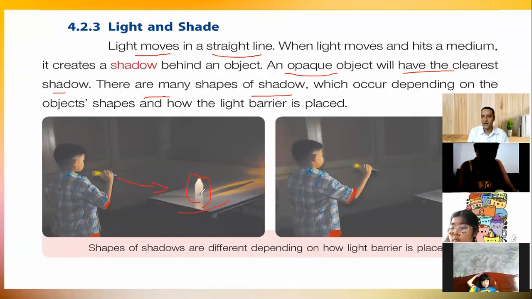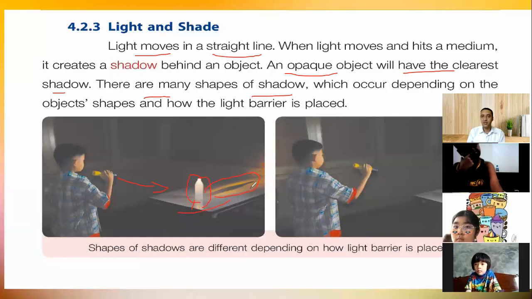Here we have an object, and this object is an opaque medium. From this opaque medium, the light cannot pass through. So behind that, we will find a clear shadow. You can see here, it's like a bottle, and you can see in the background the shadow of a bottle, right? So you will see the finest and the clearest shadow here.